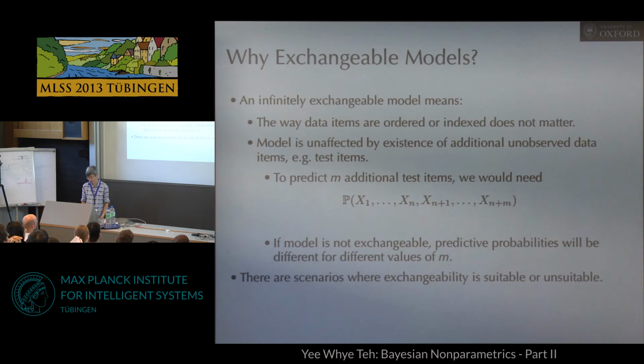Can you give an example of a situation in which exchangeability is not suitable? For example, a conditional random field is a model which doesn't satisfy this property. A conditional random field is typically used in natural language processing to predict things like the part of speech of each word in your sentence.